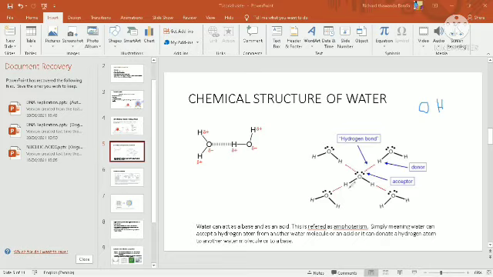If you look at this water molecule accepting a hydrogen atom from this other water molecule, in this instance you would have this water molecule acting as a base, and this water molecule acting as an acid. The same interaction can happen between a water molecule and another compound, which is a base.